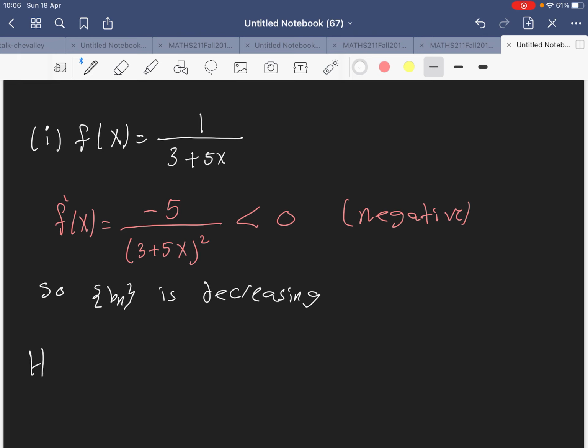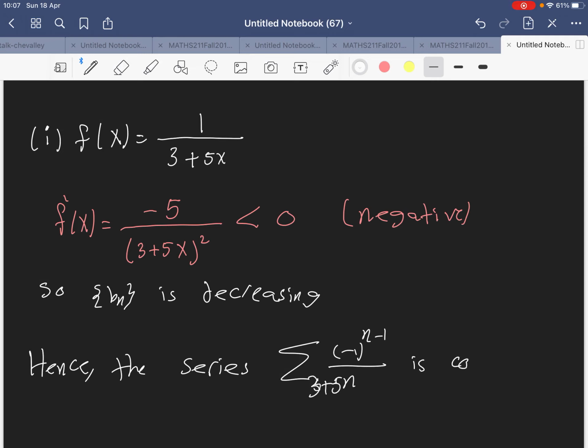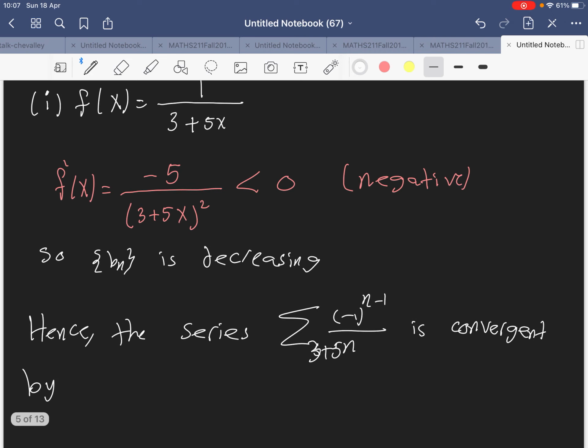And hence the series, and then you write the series again, is convergent. And then you have to write the reason. By which reason?